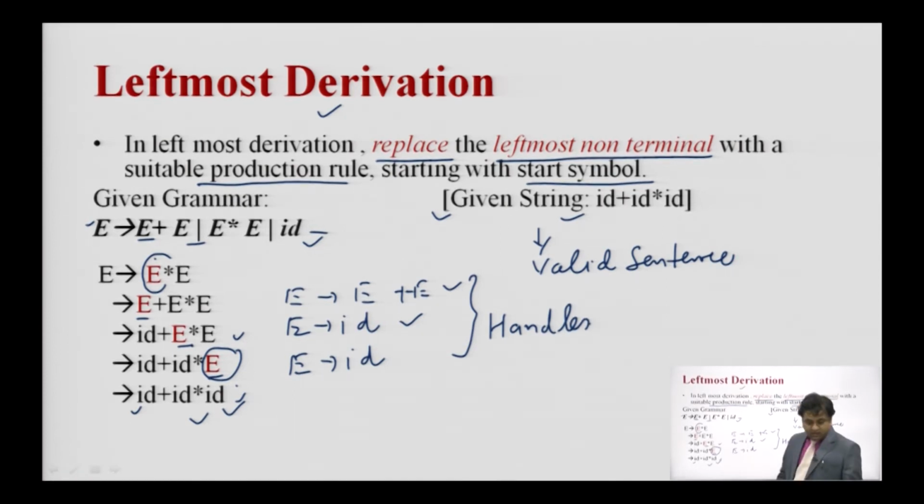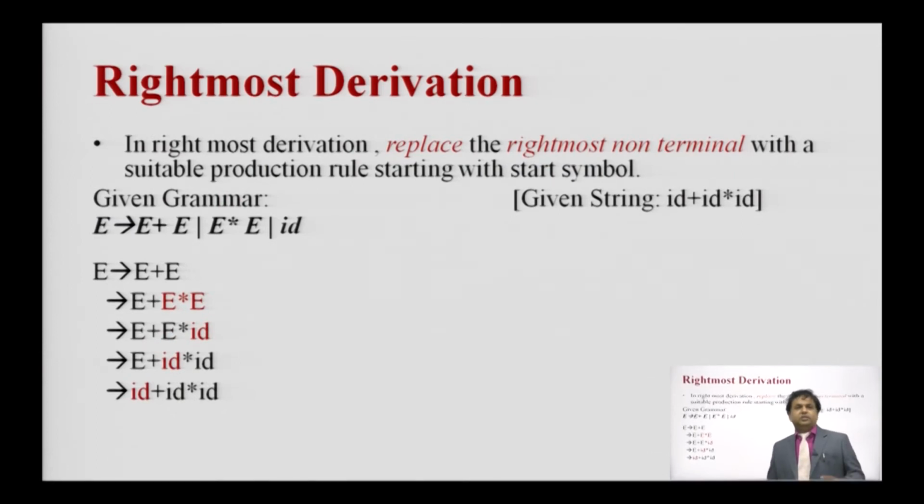Similarly, the next is the rightmost derivation. If I compare the leftmost derivation to the rightmost derivation, in leftmost derivation I replace the leftmost non-terminal, but in the rightmost derivation I replace the rightmost non-terminal.